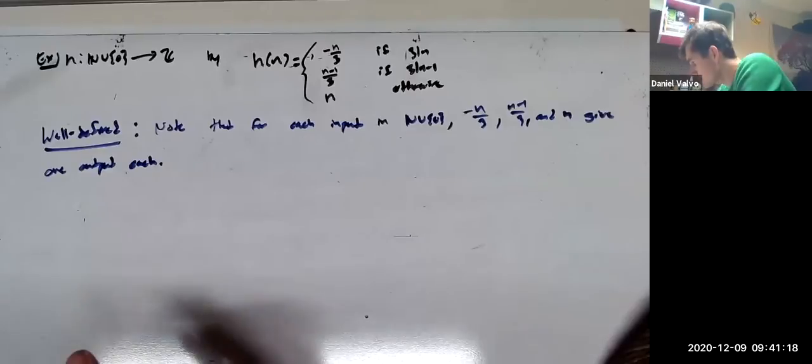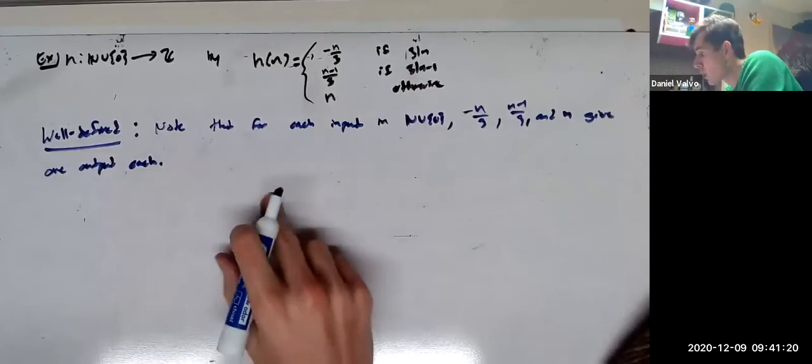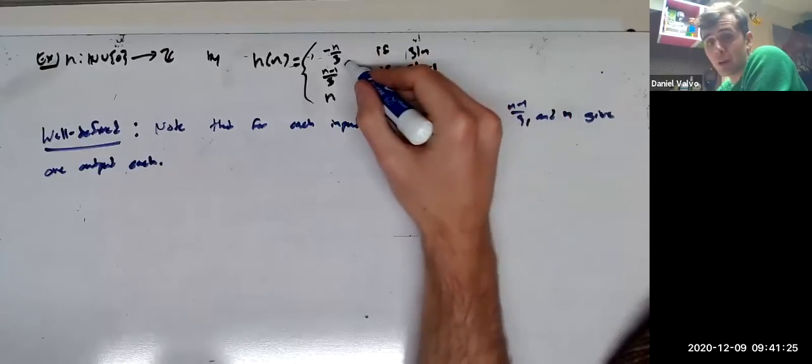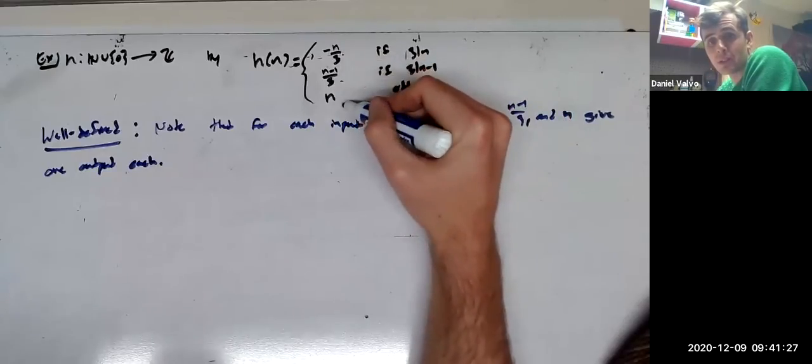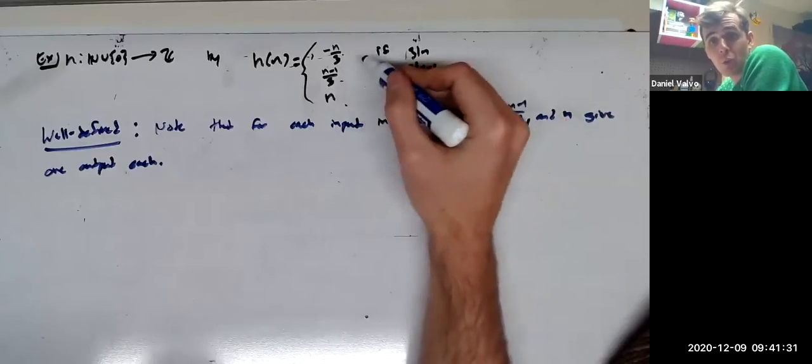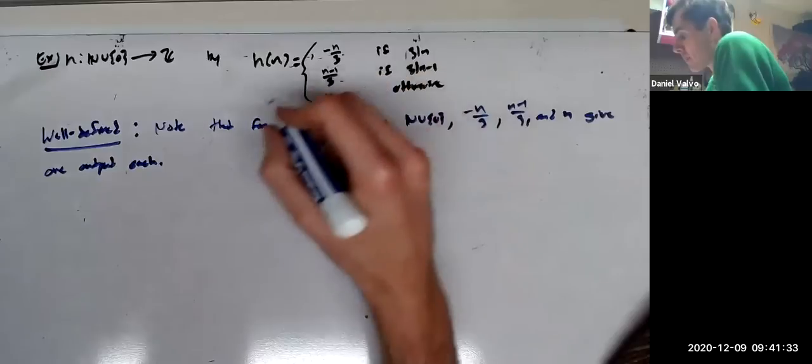That's totally true. Why is that important? Because as long as these cases don't overlap, we're going to have 1 output. This gives 1 output, this gives 1 output, this gives 1 output. And so as long as these cases do not overlap, our function will consistently give us 1 output.